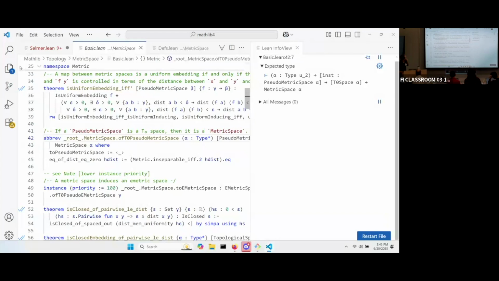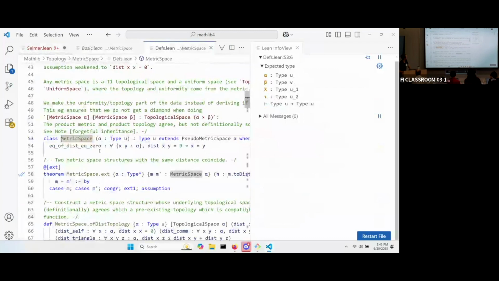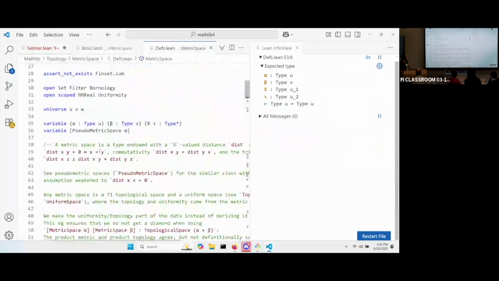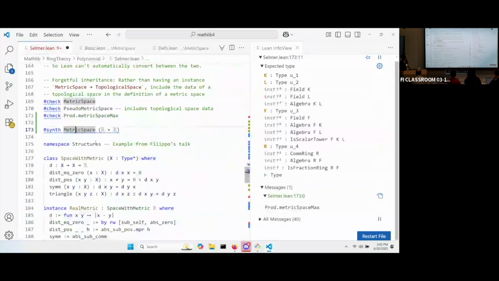Not only does putting the topology inside the structure allow you to define an instance of topological space just by deleting all the other data, because you're just projecting, you're not reconstructing the topological structure. This is why it's called forgetful inheritance. The whole point is you can only define instances that contain data provided they are forgetful instances.